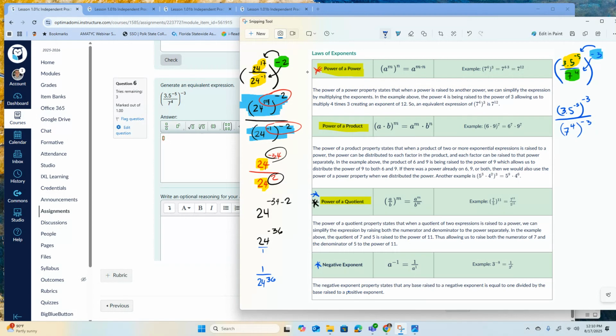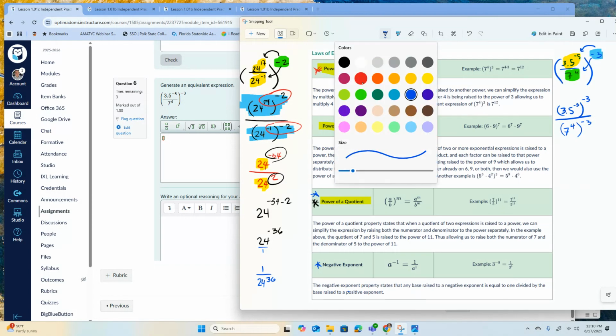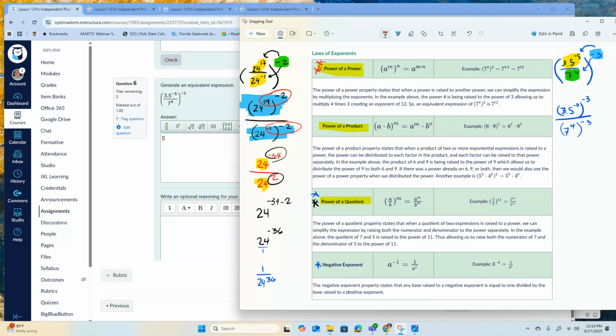Once you do that, now we're going to use the one that says power of power, the one I put in red. Okay, this one. And basically, that rule says every time you have a base that contains an exponent, raised to another exponent, you're going to keep the base. So I'm working with this one on the top. Okay, and I'm working with this, all of this. I'm going to keep the base, 3.5.